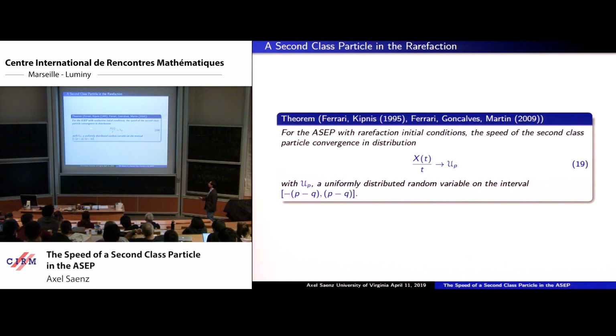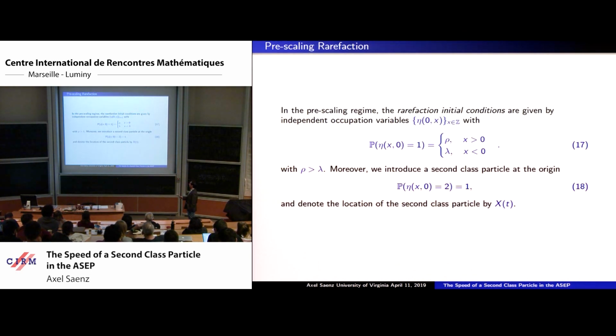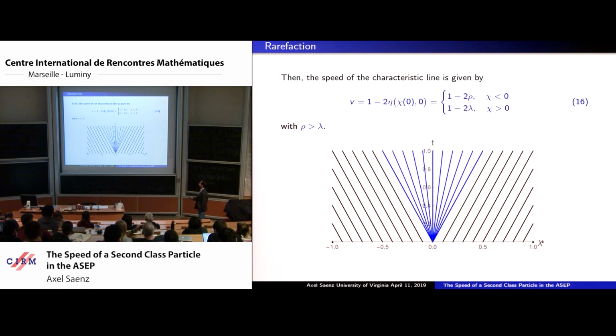But it's saying that the speed of the second class particle when you put it in the rarefaction fan is going to choose one of these blue lines uniformly. So when you start the motion of the second class particle, what's going to end up happening is it's going to pick, almost instantaneously, one of these directions uniformly, and then throughout the rest of its path, it's going to follow that single specific characteristic line.